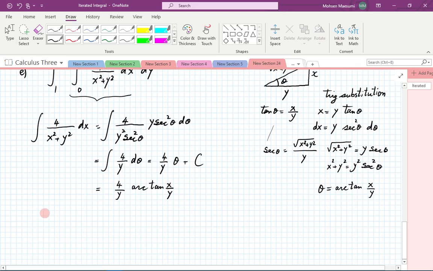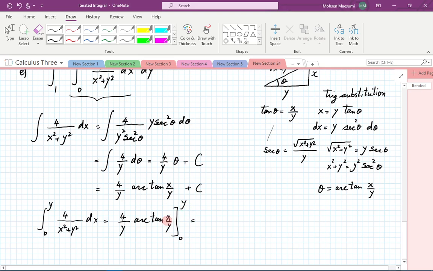So if I have the integral from 0 to y of 4 over x squared plus y squared dx, I forgot to put my constant here. That's going to be 4 over y of arctangent of x over y. Don't need to bother with that constant, of course, from 0 to y.